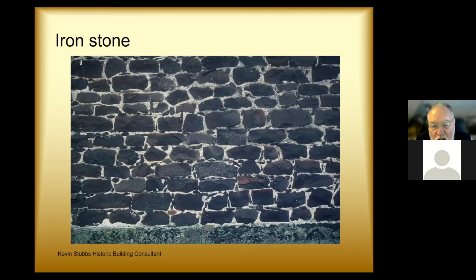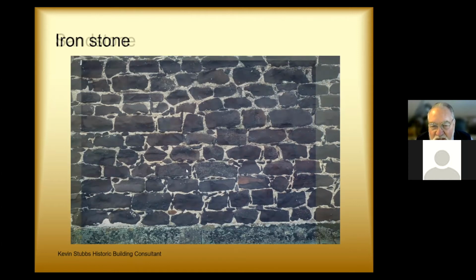And so the common technique was galleting, which is chipping. The small chippings of the stone were pressed into the joints so that one didn't have great masses of lime mortar between the stone. So it's quite a difficult material to use, but again, readily available near the surface, and so was used in some areas.